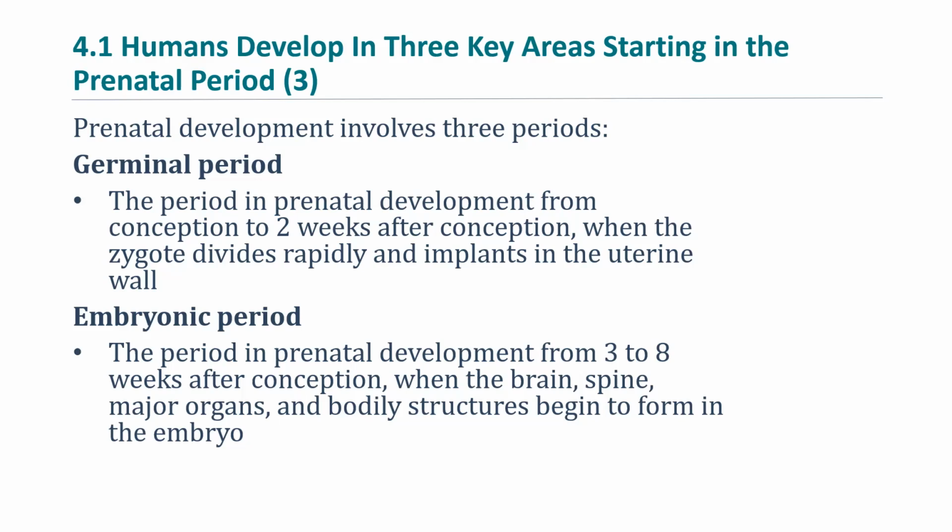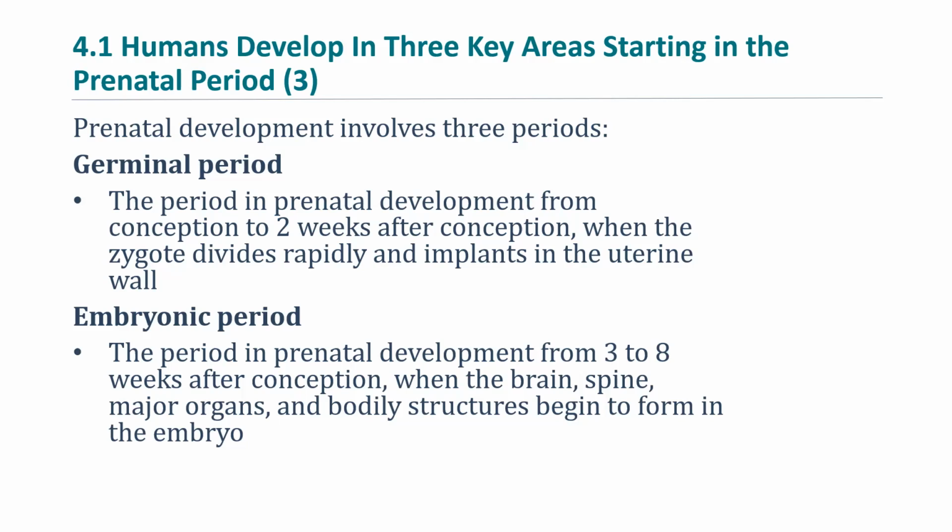It makes exact duplicates of itself over and over again. So during this first 2 weeks, it forms a cluster of identical cells that then implant themselves into the uterine wall, the wall of the uterus. This happens by the end of 2 weeks after conception.